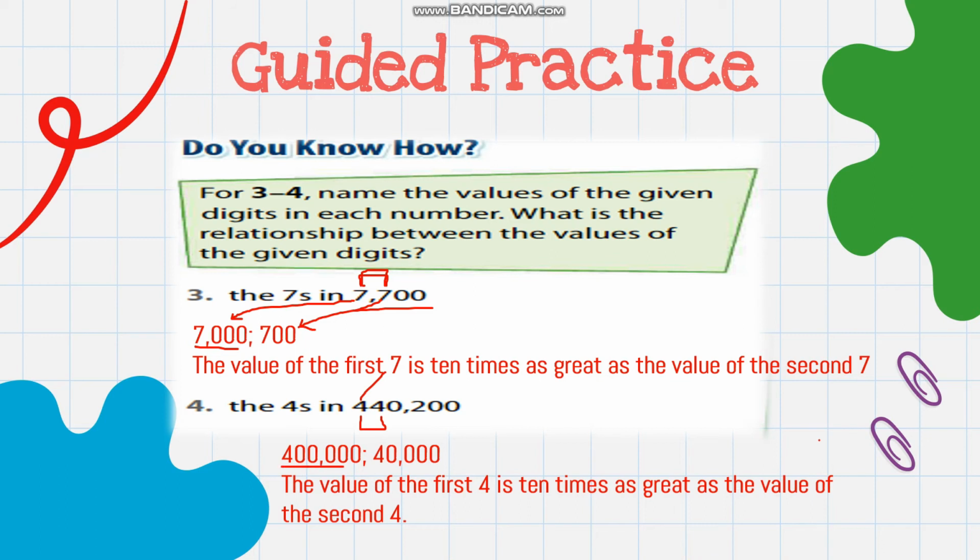And the value of the second 4 is 40,000 because it is in the 10,000s place. So what is the relationship between the first 4 and the second 4? So the value of the first 4 is 10 times as great as the value of the second 4. Why? Because they are next to each other and they are having the same digit.